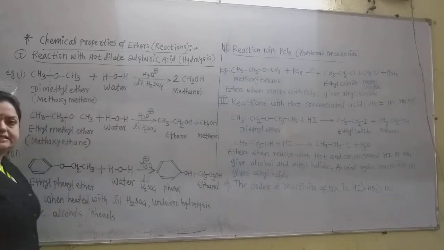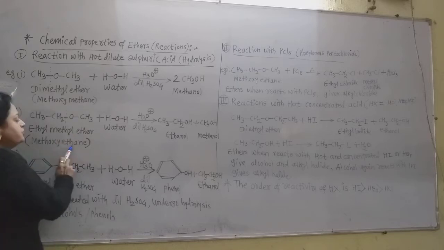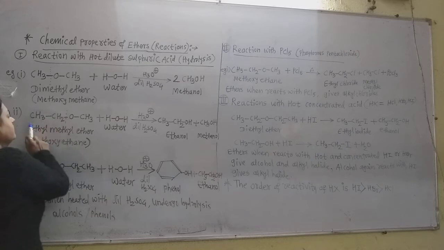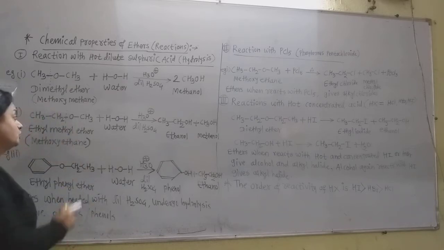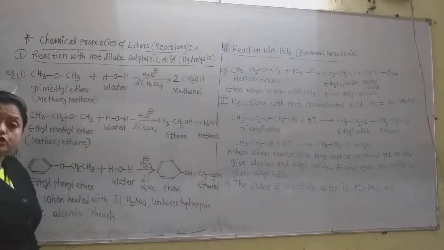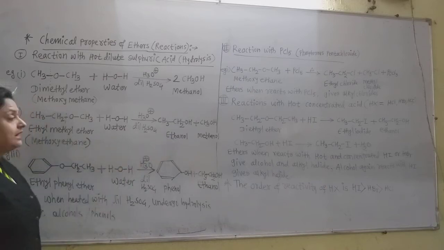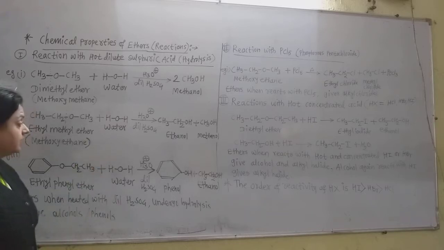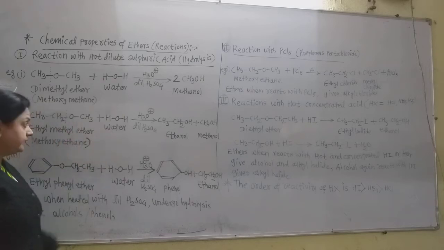The name of this unsymmetrical ether is ethyl methyl ether, and its IUPAC name is methoxyethane, because the ethyl part is larger than the methyl part, and the larger part becomes the parent alkane. When methoxyethane reacts with water, it gives one molecule of ethyl alcohol and one molecule of methyl alcohol. So two different alcohols are obtained when an unsymmetrical ether is hydrolyzed with water in the presence of dilute H2SO4.